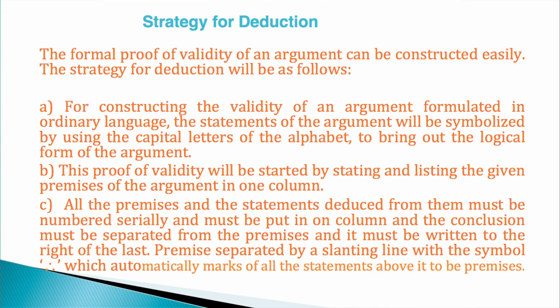This proof of validity will be started by stating and listing the given premises of the argument in one column. Number 3. All the premises and the statements deduced from them must be numbered serially and must be put in one column, and the conclusion must be separated from the premises, and it must be written to the right of the last premise, separated by a slanting line with the symbol therefore, which automatically marks off all the statements above it to be premises.